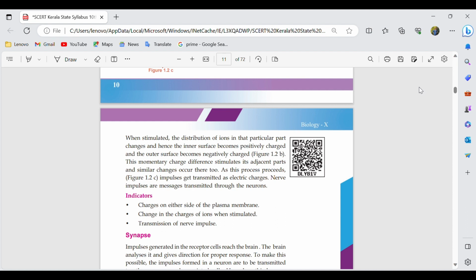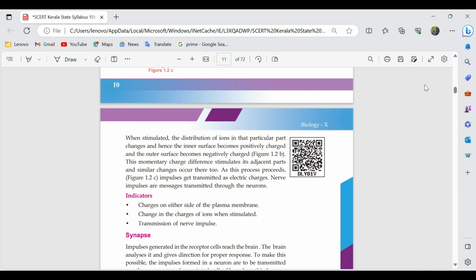Nerve impulses are messages transmitted through neurons. The charges on either side of the plasma membrane at resting state are positive outside and negative inside. When stimulated, the charges of ions change: outside becomes negative, inside becomes positive, reversed.